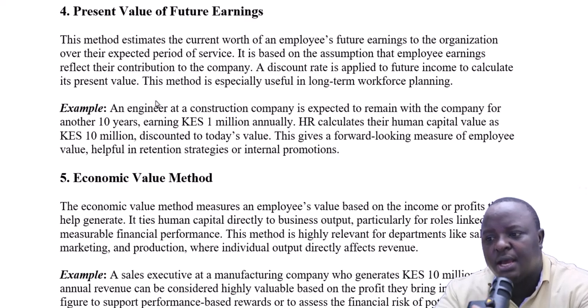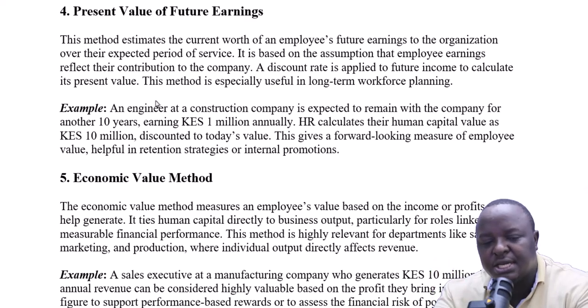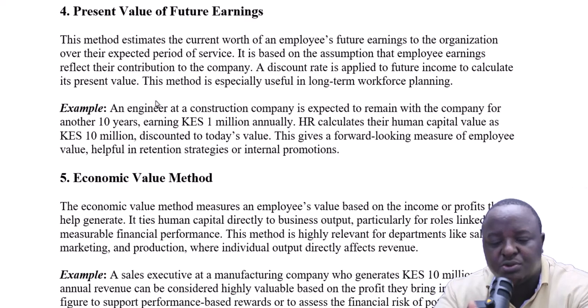Then we quantify the salary for this employee, and we say this employee's annual salary is almost 1 million. Our projection is that this employee is likely to be paid for 10 years. So 1 million times 10 years is 10 million for the next 10 years, or 15 million for the next 15 years.